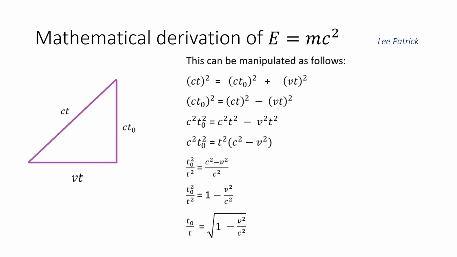We then factor out t squared and manipulate the equation such that t0 squared divided by t squared equals 1 minus v squared over c squared. Taking the square root of each side, we see that t0 divided by t equals the square root of 1 minus v squared over c squared.